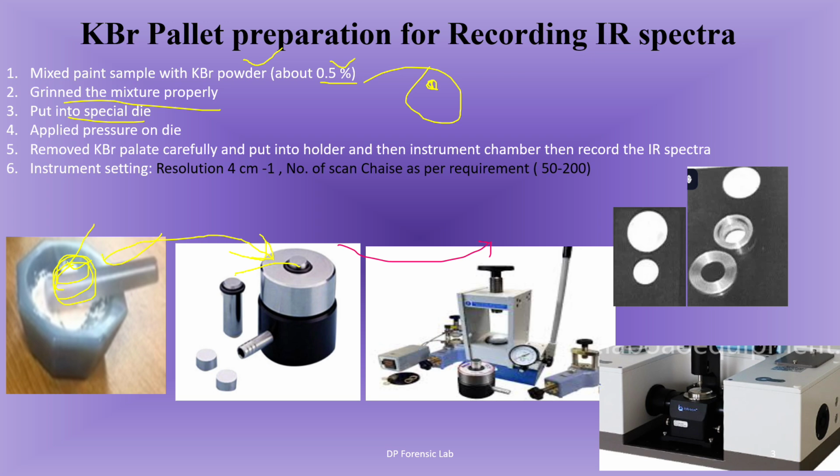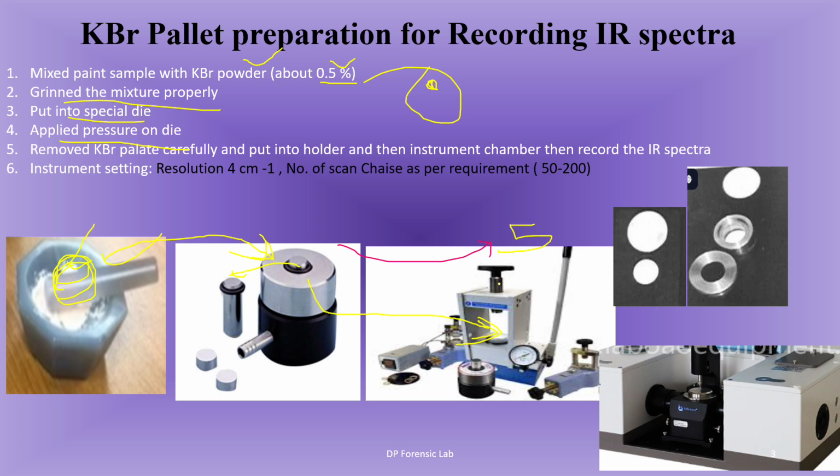Remove this first. I put the sample inside this chamber. Again put this die back, and this device should be put under this machine. This is a hydraulic machine, and you apply a very high pressure, about 5 to 10 tons.